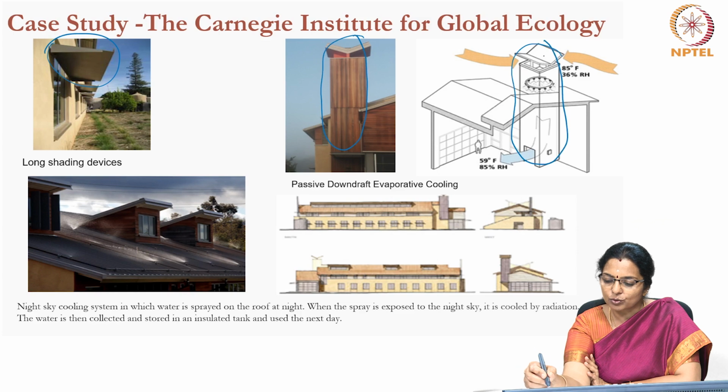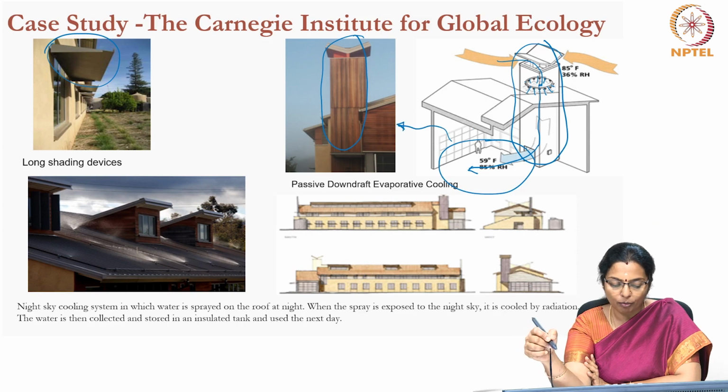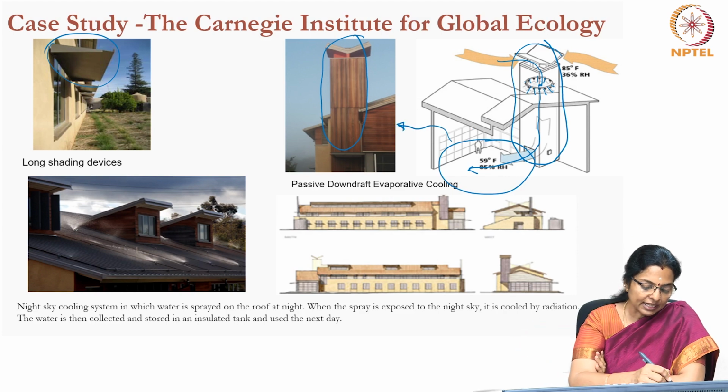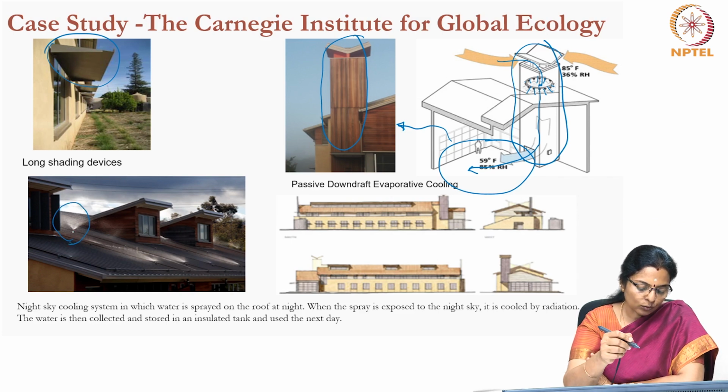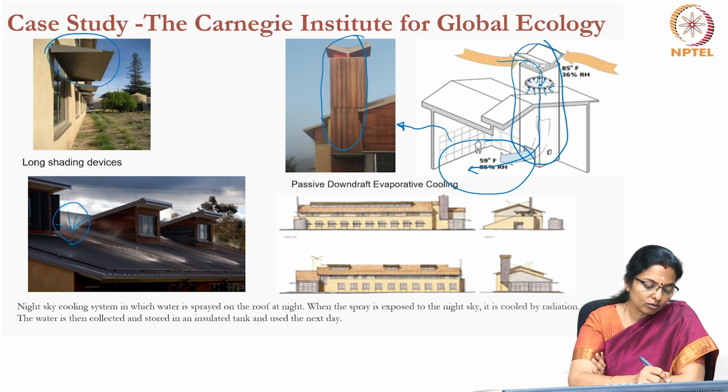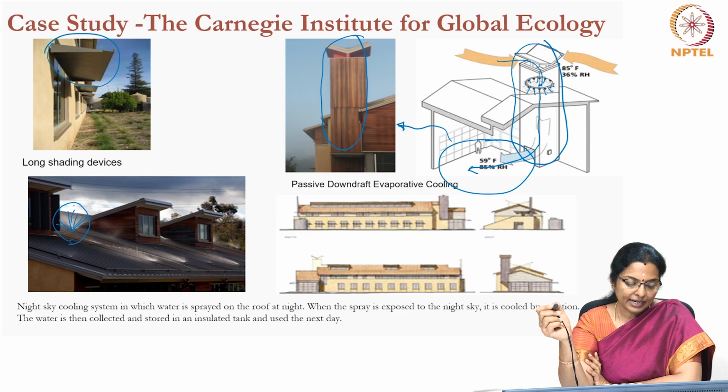You can see as shown here, these are the micronizers. The warm air goes in, becomes moist, settles, and makes the indoors cool, while there is an outlet at a higher end through which the warm air is pushed out. Then it also uses evaporative cooling, whereby a night sky cooling system is used, in which water is sprayed on the roof at night.